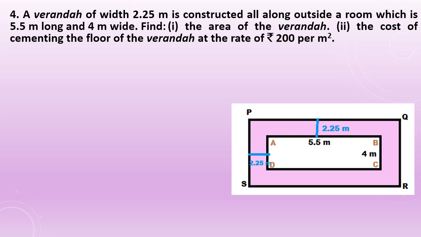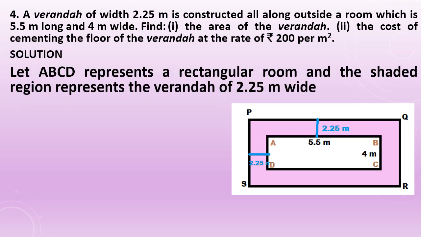So the picture representation is given here. Let ABCD represent the rectangular room and the shaded region represent the veranda of 2.25 meter wide. So we get another rectangle PQRS outside.